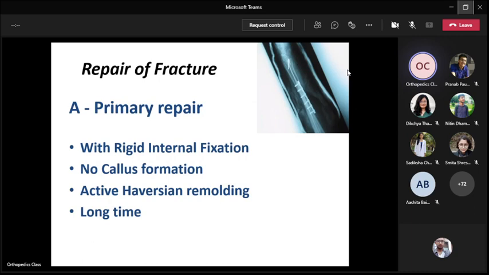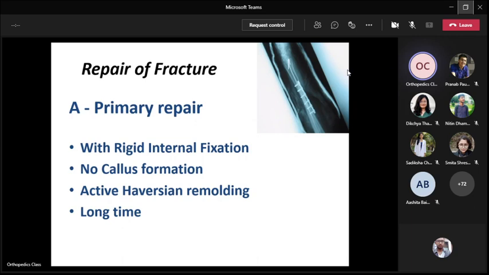Primary repair or secondary repair, the same thing. Primary healing is produced by rigid fixation, which means there is no active motion at the fracture site. So they produce primary repair. They don't produce any callus which is visible in X-ray.